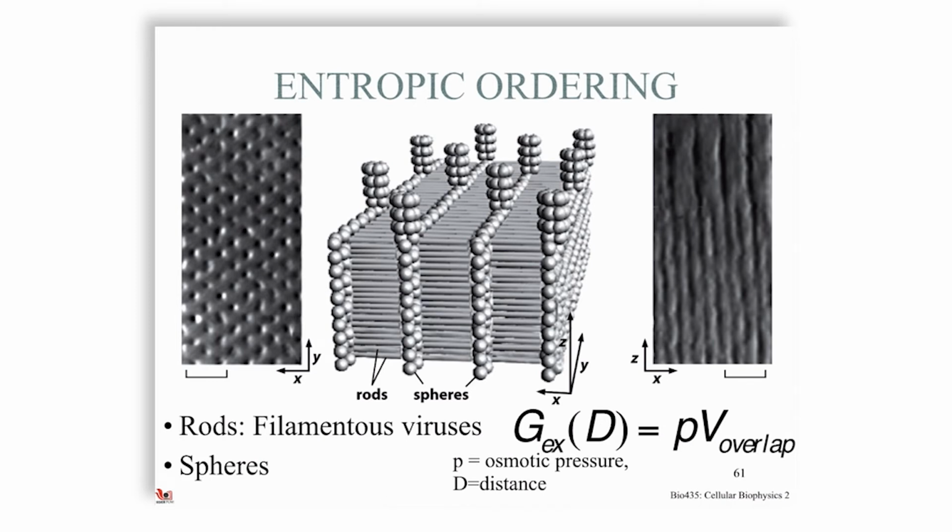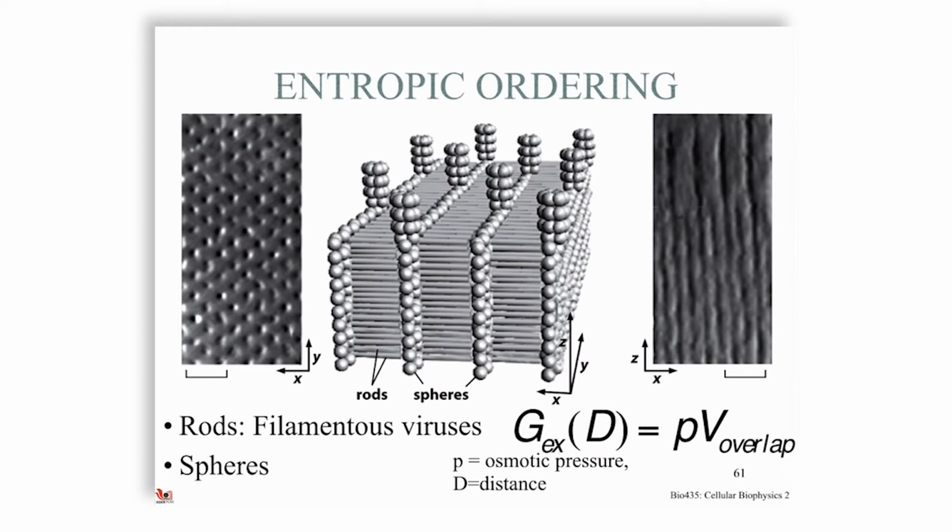Entropic ordering, which was another topic I wanted to maybe just briefly mention, is a further aspect of this, which is that we always talk about entropy as a way to create disorder, but it turns out that entropic ordering also, counterintuitively, drives the process of order formation at high concentrations.